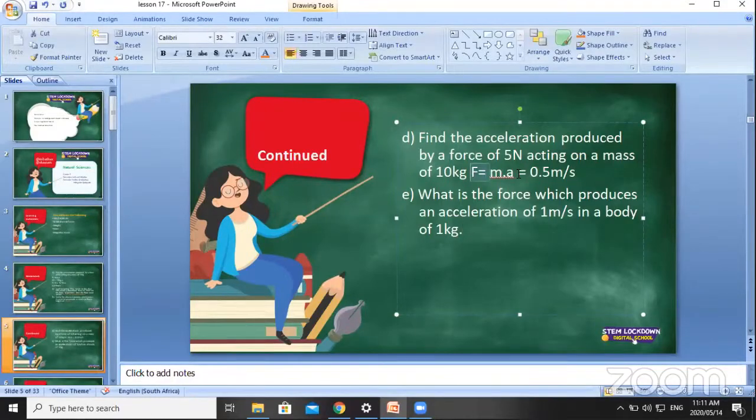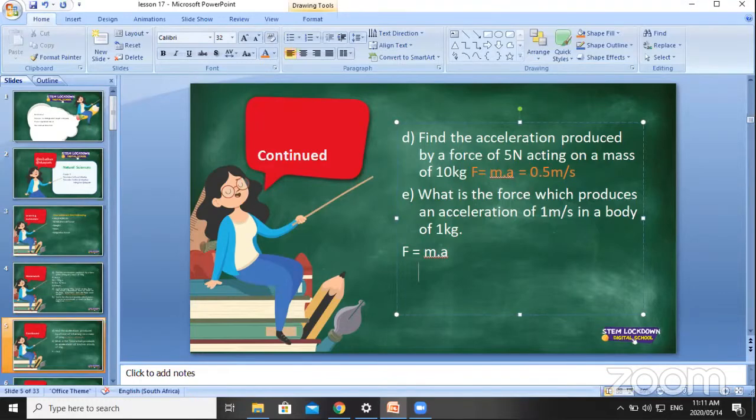Then here they say to you, grade 9s, what is the force which produces an acceleration of 1 meter per second squared in a body of 1 kg? So they are looking for a force. F is equal to mass multiplied by acceleration.